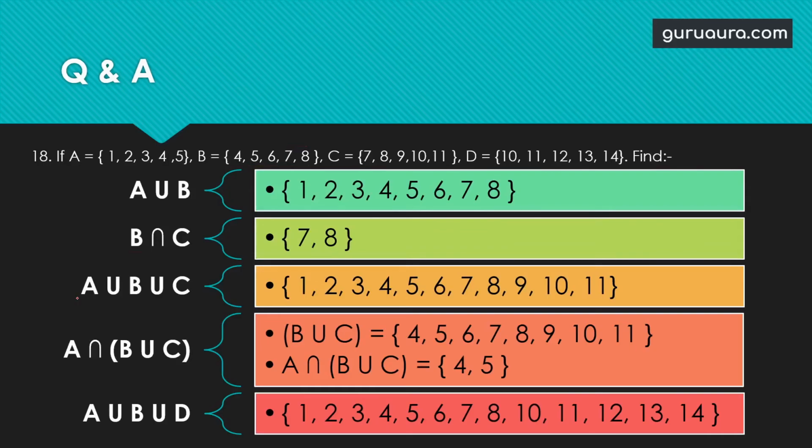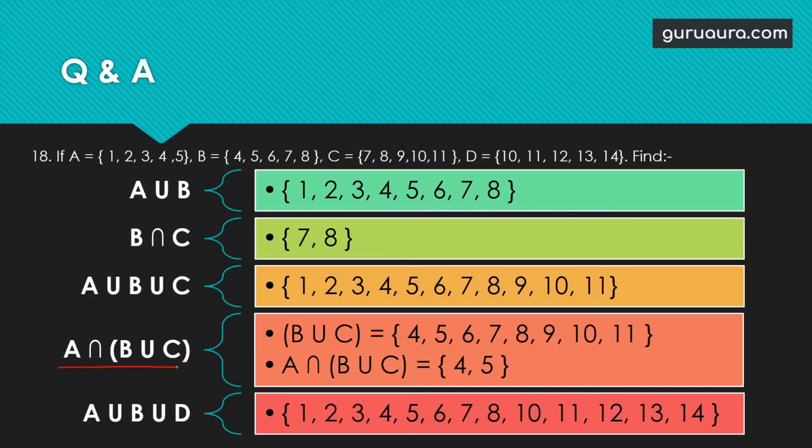Now let's see the next. A union B union C. So this set will consist of all the elements from all the three sets. That is 1, 2, 3, 4, 5, then 6, 7, 8 and 9, 10, 11. So 1, 2, 3 until 11. Now let's see the next.